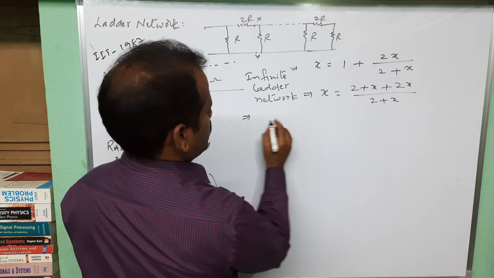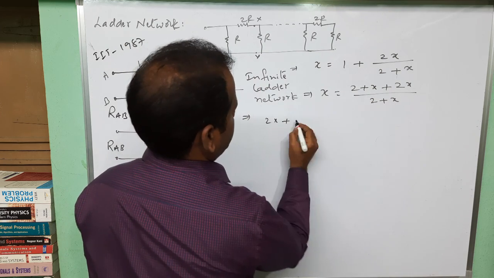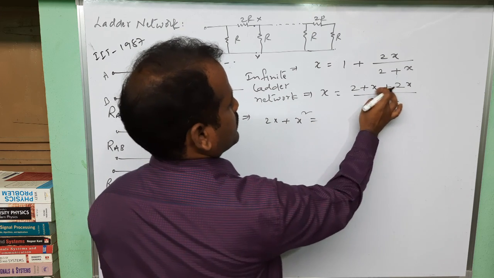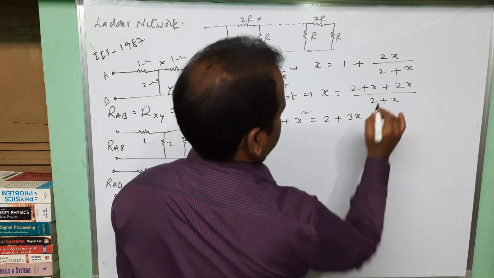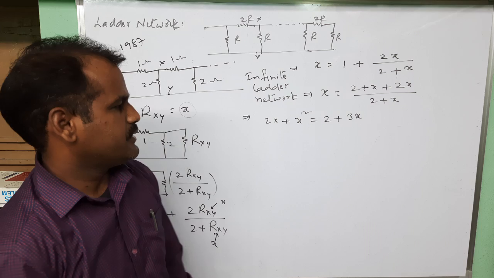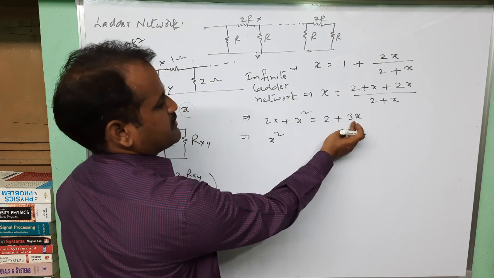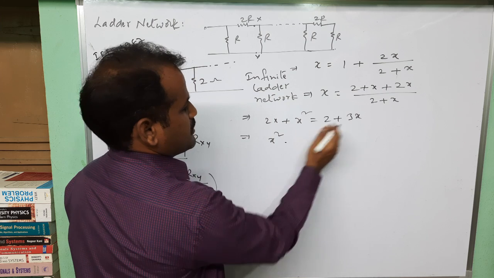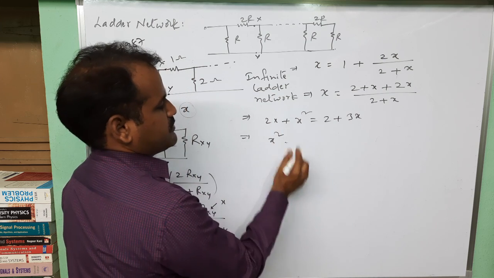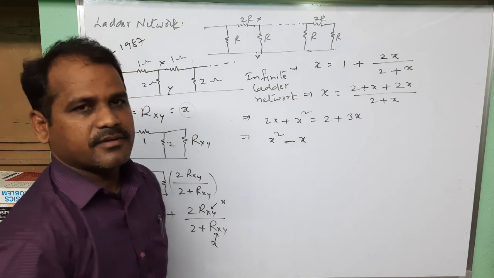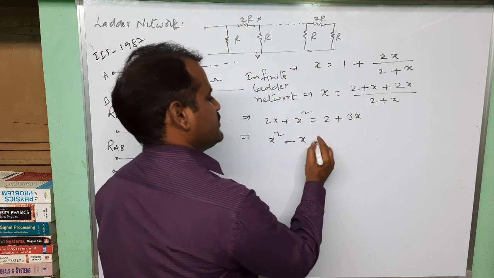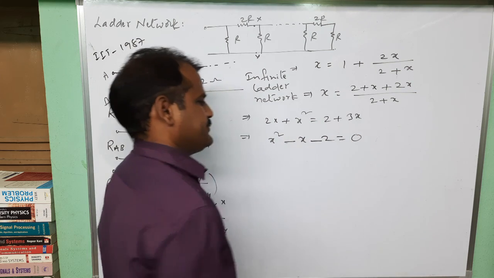That is 2x plus x square is equal to 2 plus 3x. Fine. I am writing this one as x square. This 3x we can take to this side, so that is minus 3x plus 2x, that means minus x finally. And to this side minus 2 equal to 0.